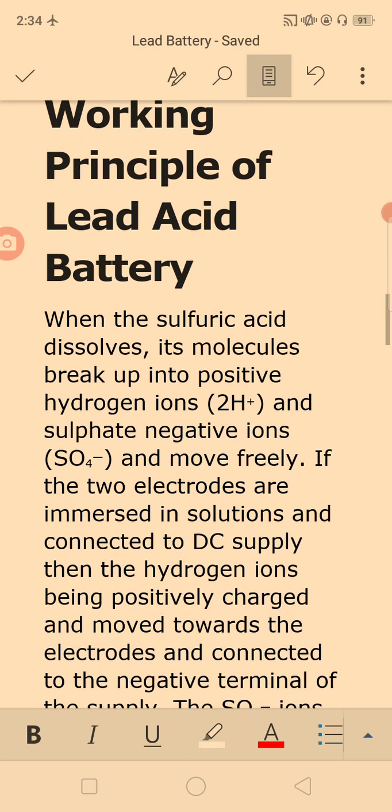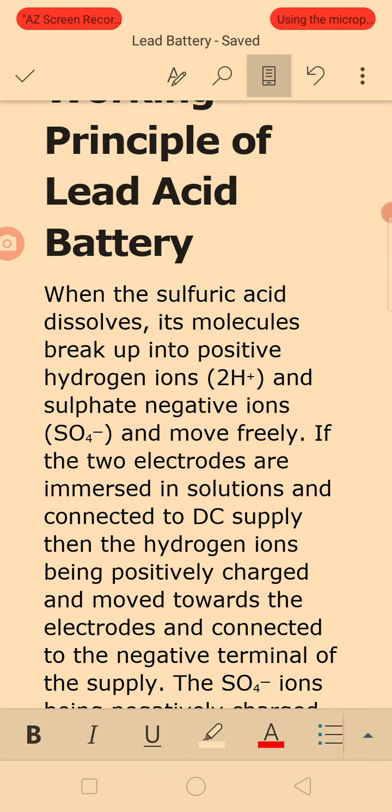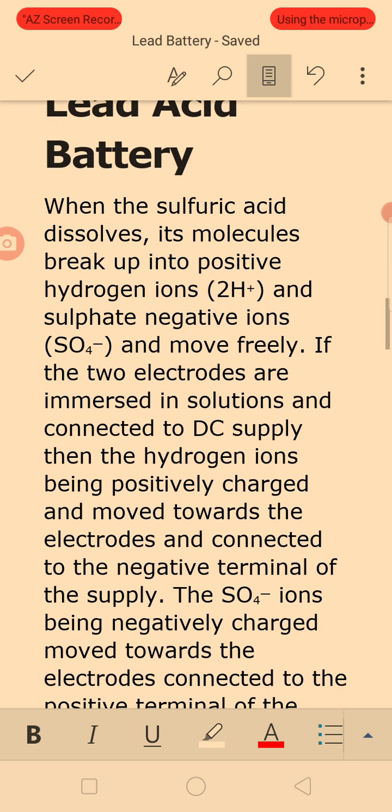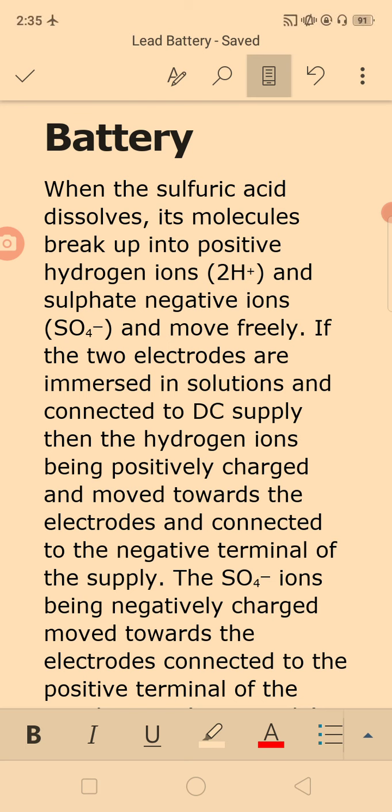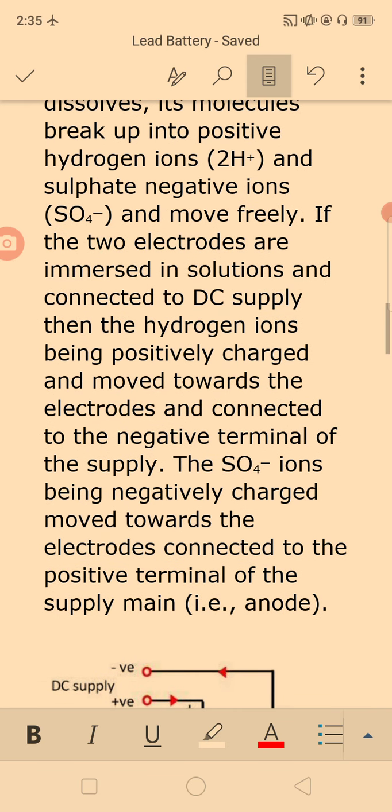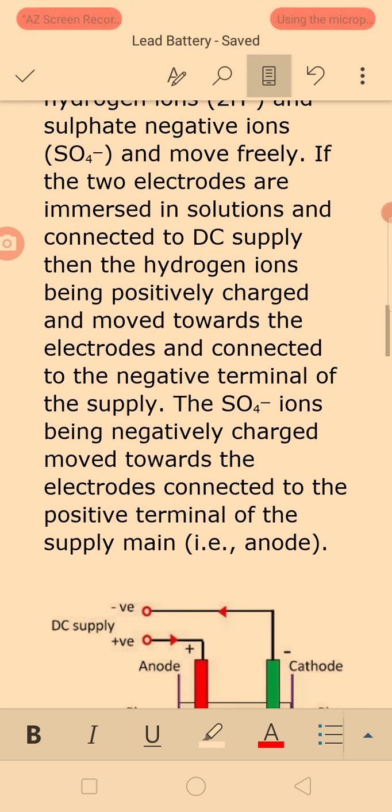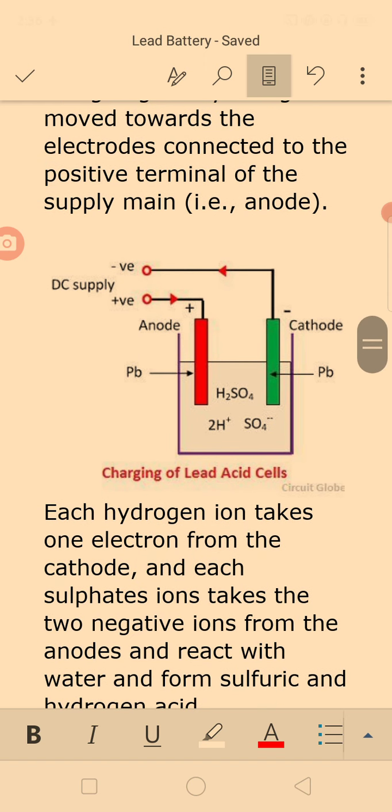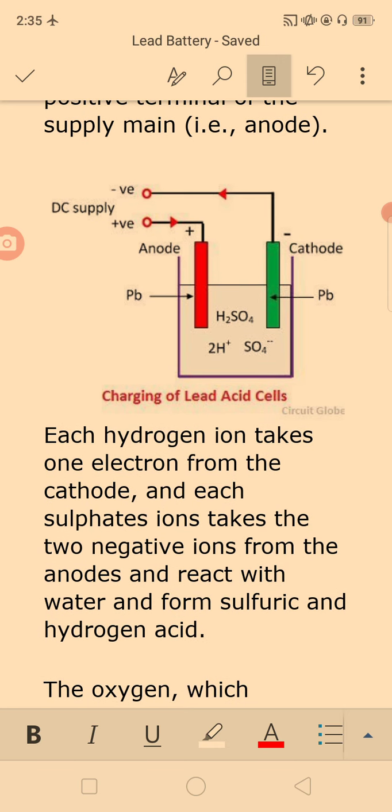If two electrodes are immersed in the solution and connected to direct current, then the hydrogen ions, being positively charged, move toward the electrode connected to the negative terminal of the supply, and sulfate ions, negatively charged, move toward the positive terminal, the anode, where each hydrogen ion takes one electron from the cathode and sulfate ion gives up two electrons at the anode and reacts with water to form sulfuric acid and hydrogen.